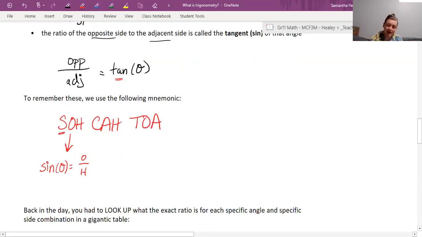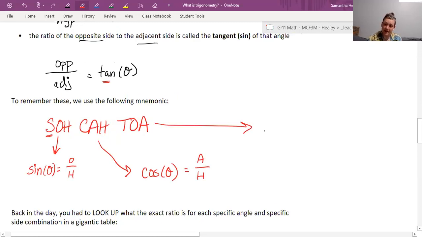The CAH is the same thing, except this time it's cosine of a specific angle, the name for the ratio when we take the adjacent side and divide it by the hypotenuse side. And TOA is just to remind us that the word tangent of a specific angle represents the ratio between that angle's opposite and adjacent sides.